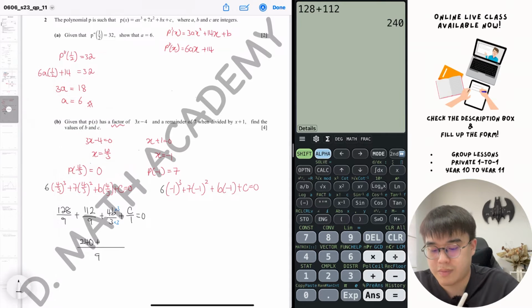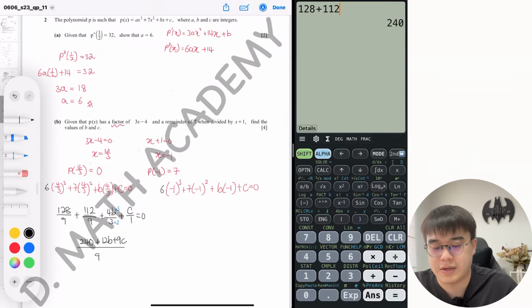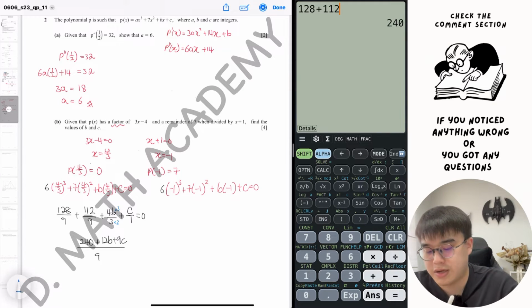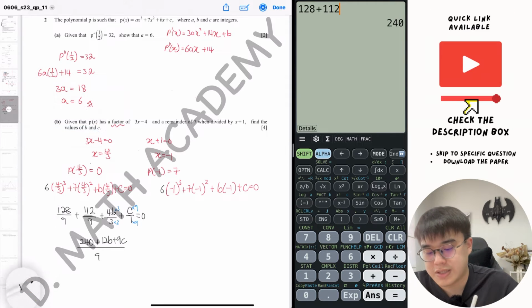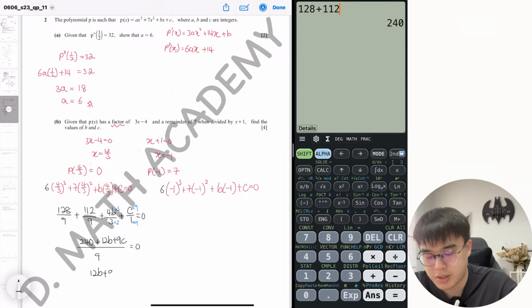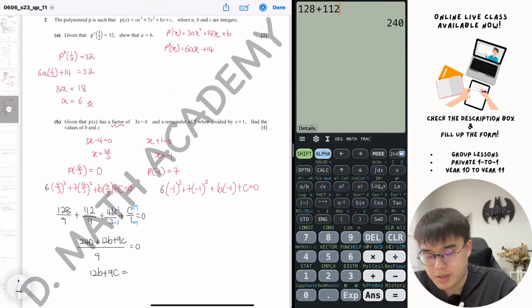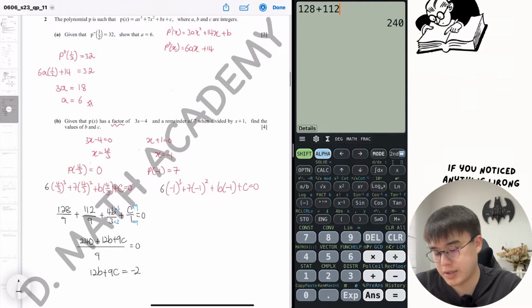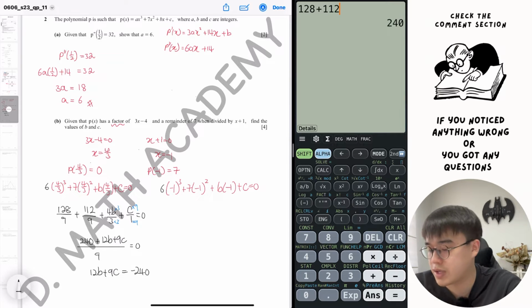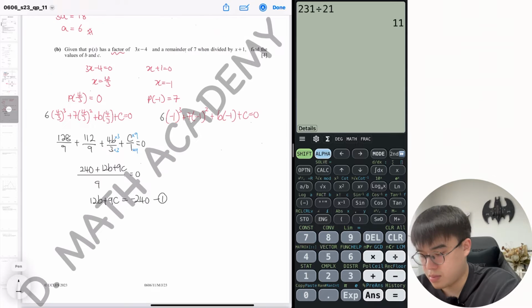I will end up with 12b plus 9c because our c here will be multiplied by 9. So with this step taken, you'll come to the conclusion that 12b plus 9c will be equals to -240 as your first equation.